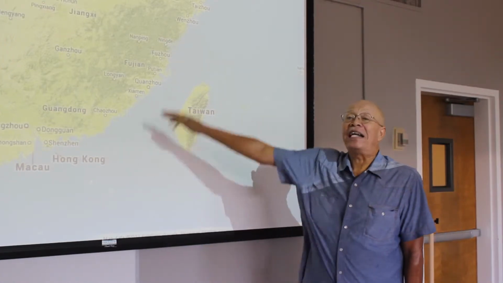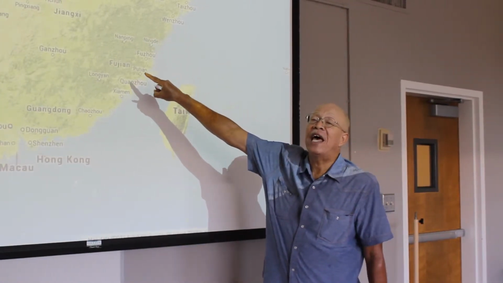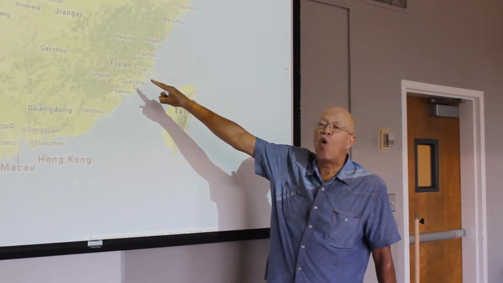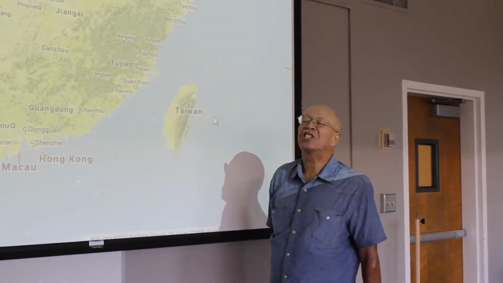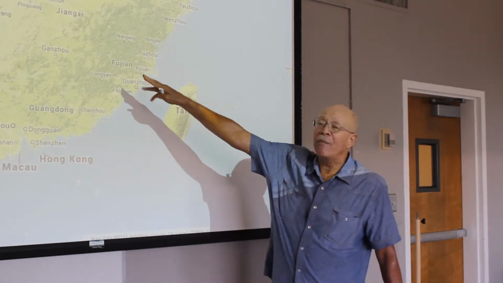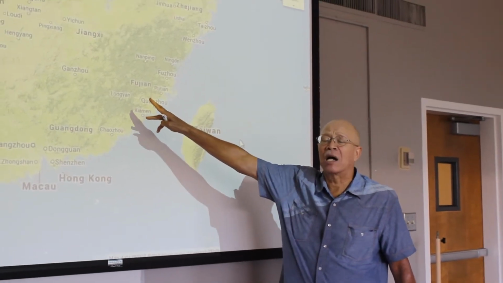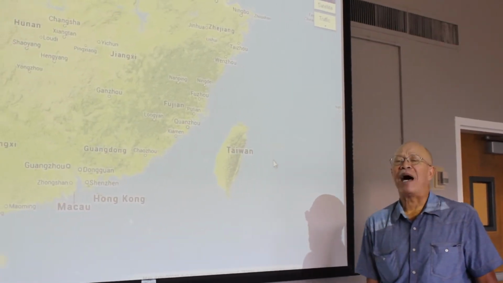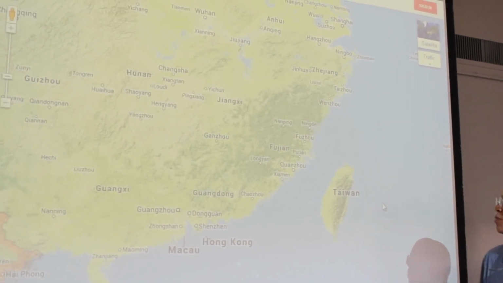In 1949, the communists won a long and bitter civil war against the nationalist Chinese. The communists were led by Mao Zedong. The nationalists were led by a leader named Chiang Kai-shek.